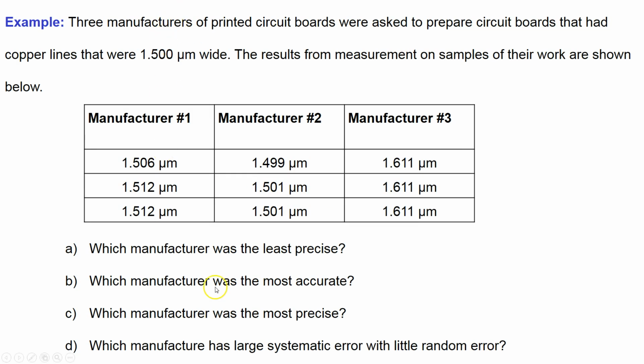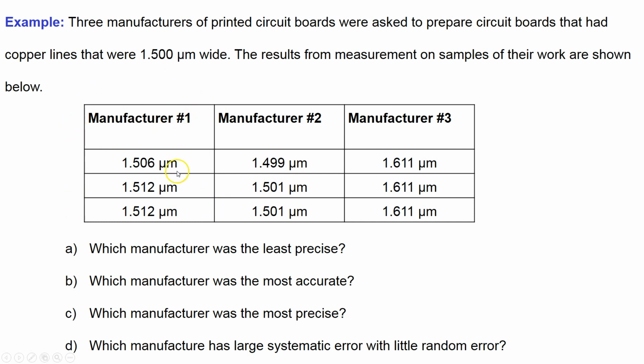So here's a typical question where you're being asked to comment on accuracy and precision. It says we have 3 manufacturers of printed circuit boards. They are asked to prepare circuit boards that have copper lines that were 1.500 micrometers wide. Each of the manufacturers prepared 3 samples, and the data on the measurements of those 3 samples is presented below.